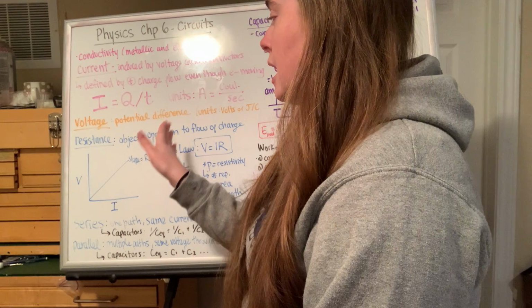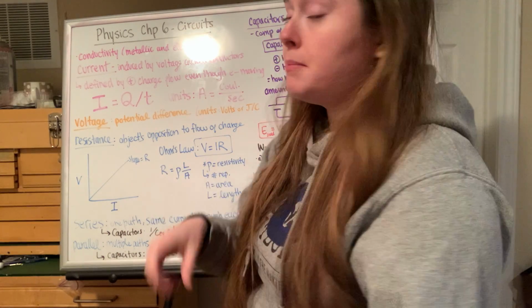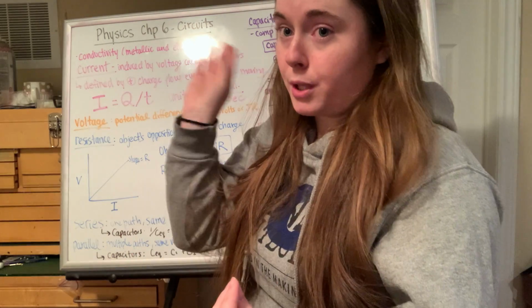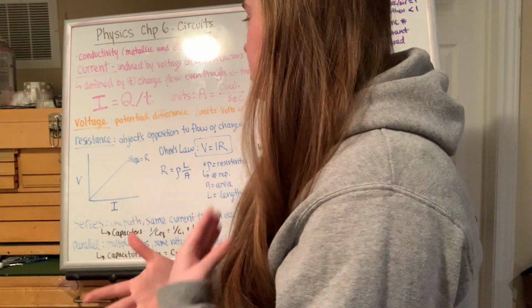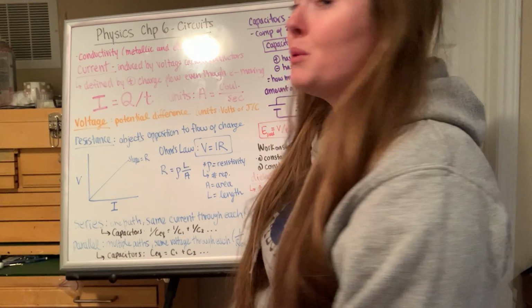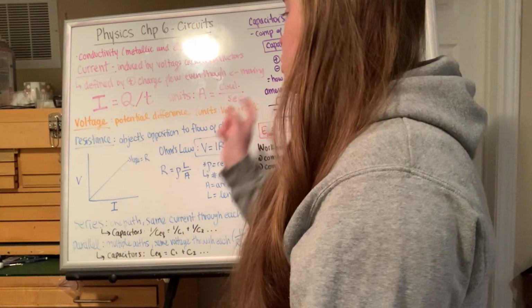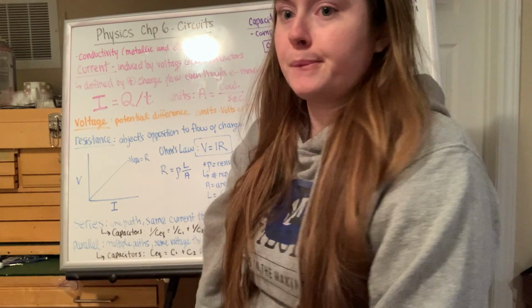Voltage is the difference in potential between the positive and the negative terminal, which we're going to talk about in a moment. That's how you get a voltage, and the voltage units are volts or joules per coulomb.